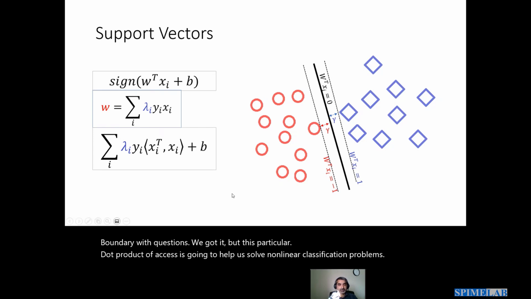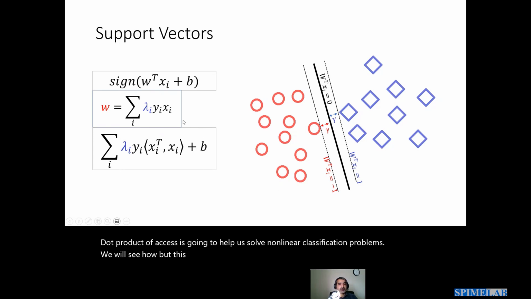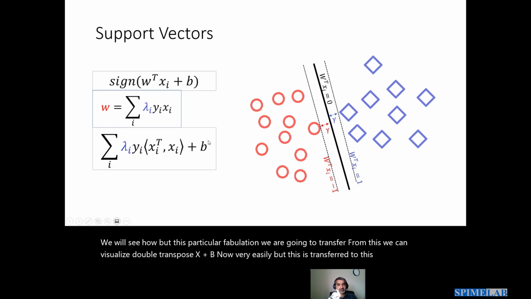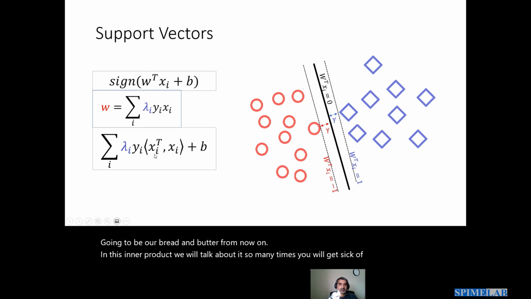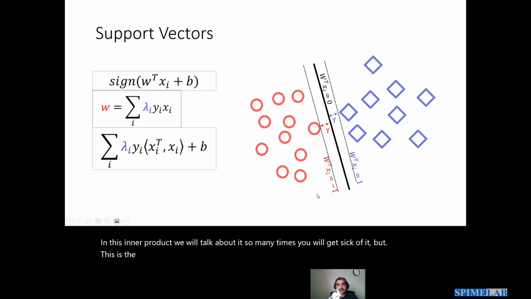We will see how. We can visualize W transpose X plus B very easily, but this is transferred to this one that is going to be our bread and butter from now on. In this inner product, we will talk about it so many times, you will get sick of it, but this is the thing that will give us the cushions.